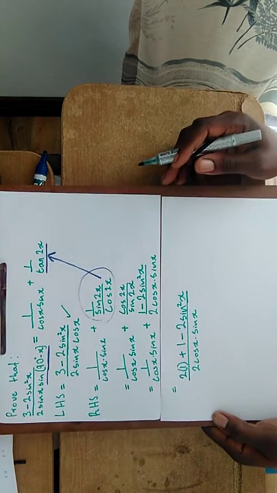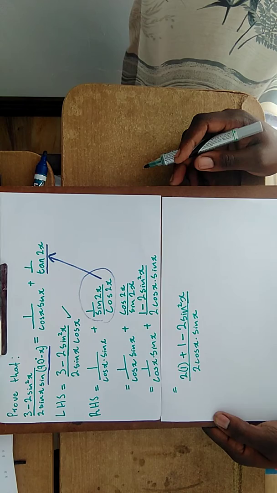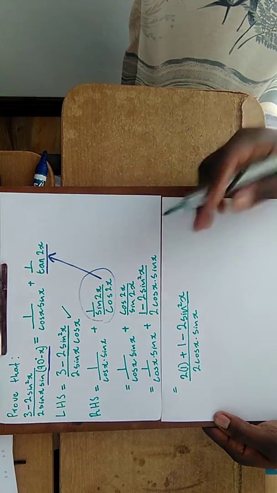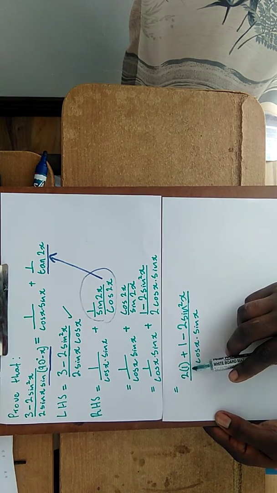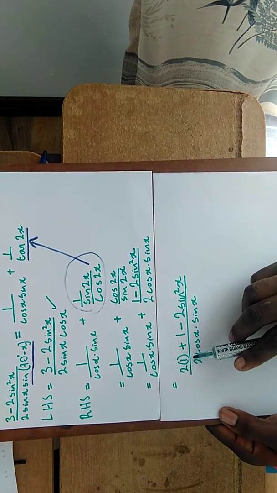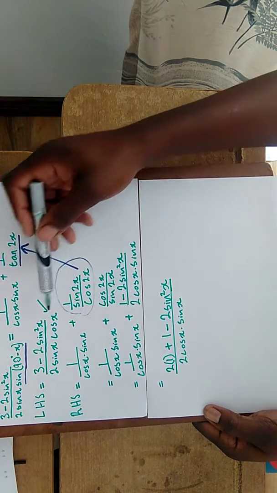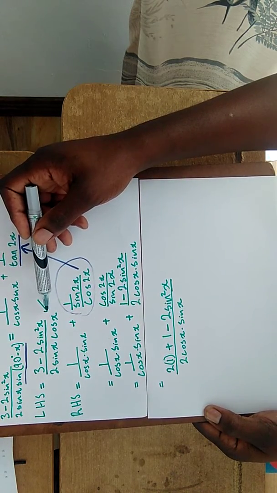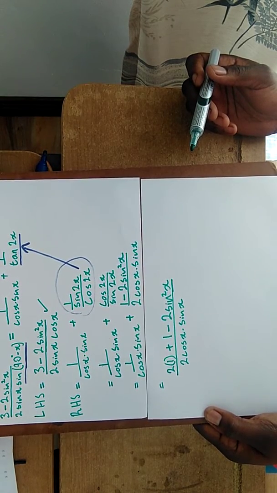Then we continue with our algebraic manipulations. Keep on adding and subtracting. So here we have 2 times 1, which is 2. And then it's going to be 2 plus 1. You must also keep on checking your left hand side or the other side for the direction, if you are taking the right direction.